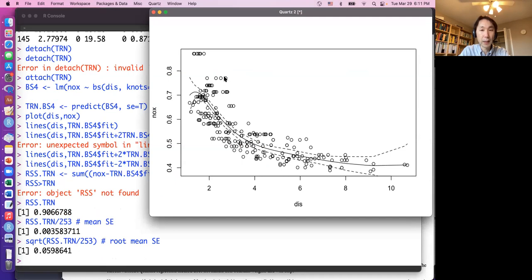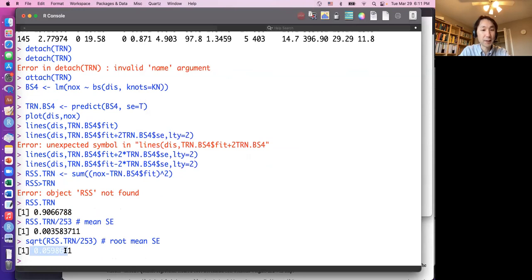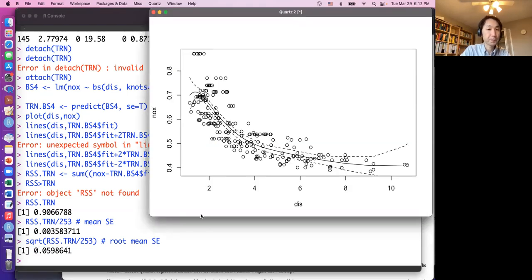As we have seen, the distance may be 0.1 or 0.2, but some observations are really close to the line, maybe only 0.1. So on average, the square root of the squared average is 0.0598. This is the so-called RMSE, or root mean square error.